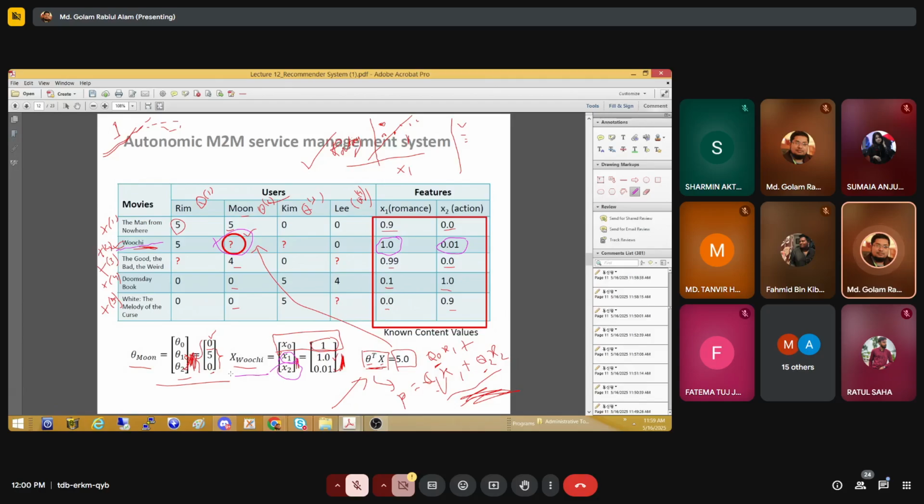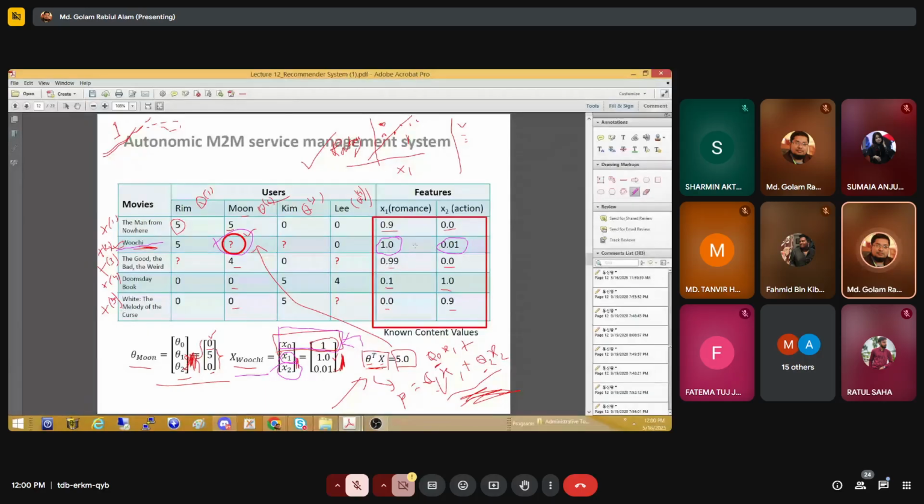We can also consider another feature, the intercept feature, because we know that y equals mx plus c. The c is the intercept, so not only the features, but we have to consider the c also. That c value you can consider as a feature, and the value is always one. So we can construct the feature vector for Uchi.